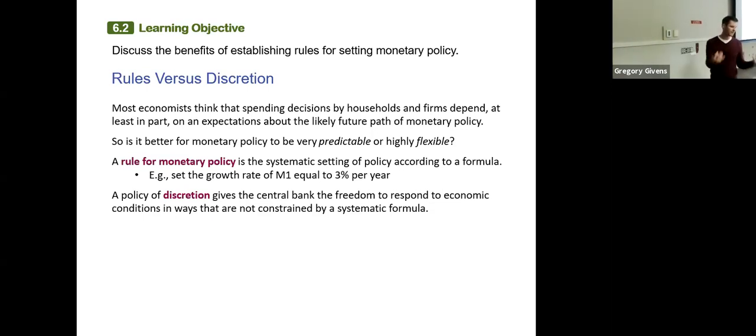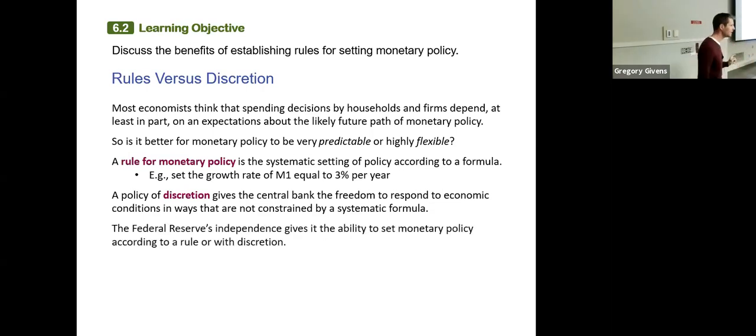Okay, this sets up this debate about rules versus discretion for monetary policy. Now, let me emphasize here that the Fed's institutional independence gives it the authority to set monetary policy either way it wants.